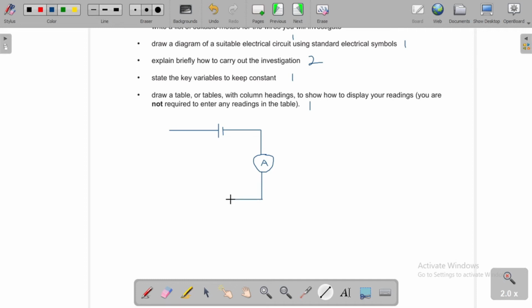Let's have the wire whose resistance we are measuring here. Let this be the wire that we're measuring the resistance of. Our line continues like this.